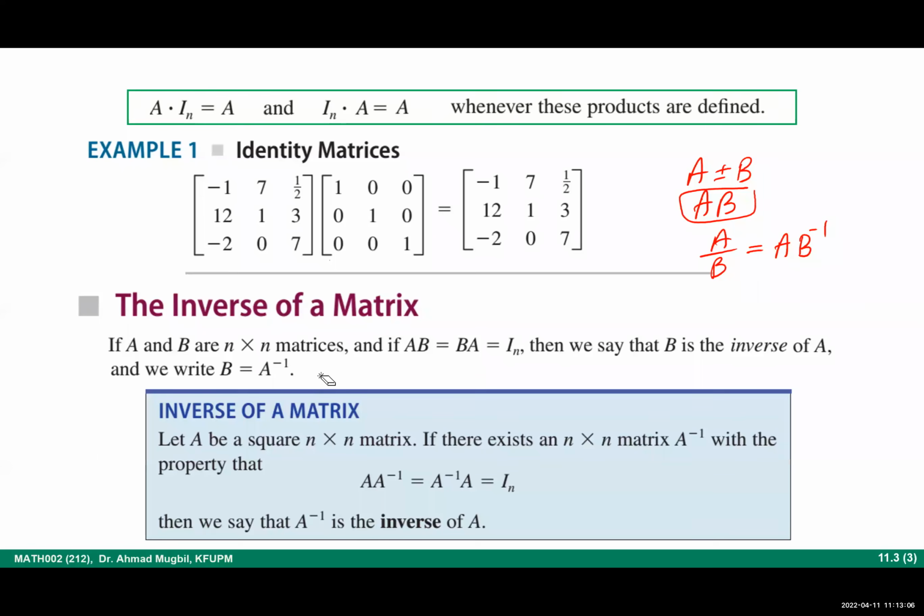Let's introduce the formal definition. If A is an n by n matrix, so we don't have inverses for other matrices that are not square.